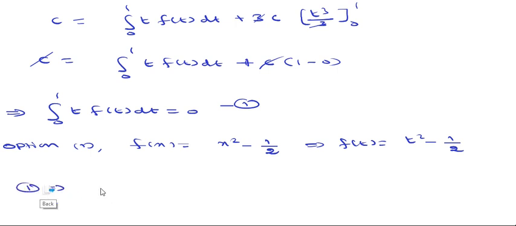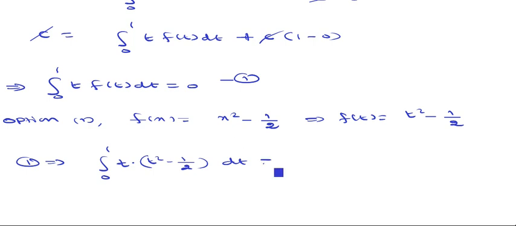So equation 1 implies integral 0 to 1 t times f of t, which is t square minus 1 by 2, dt. We are going to find the value of this. So this is equal to integral 0 to 1 of t cube minus t by 2 dt.